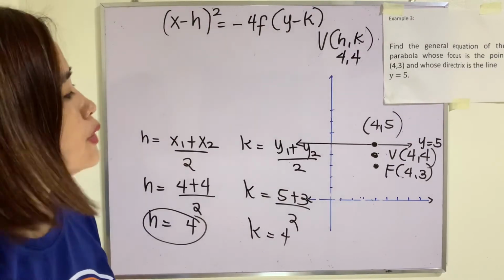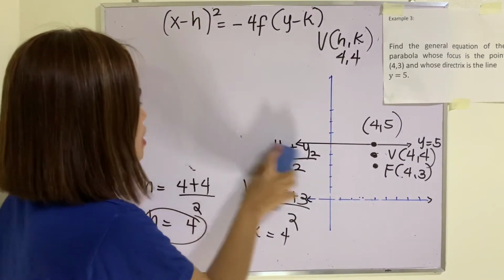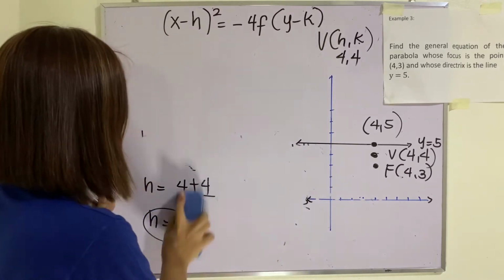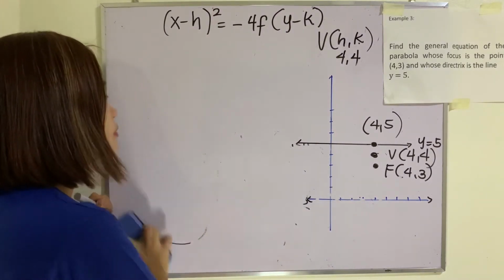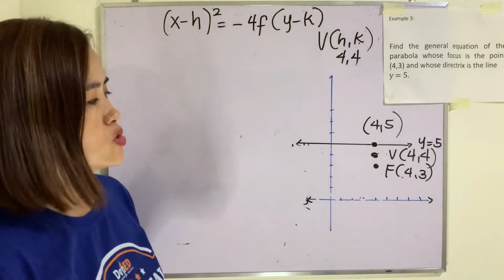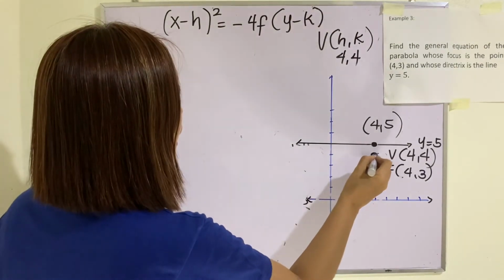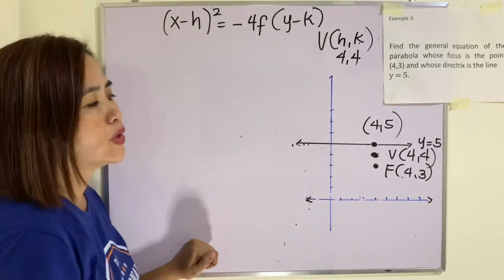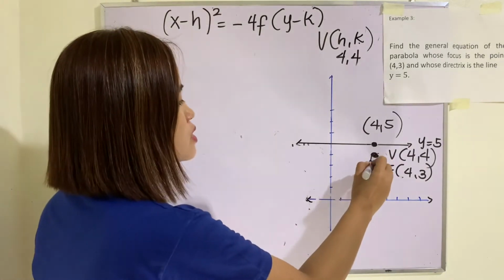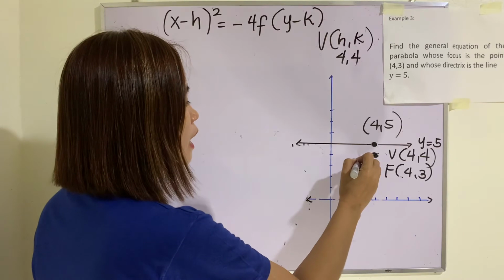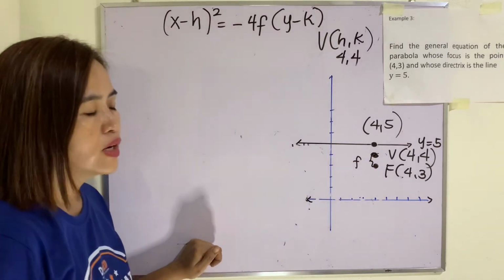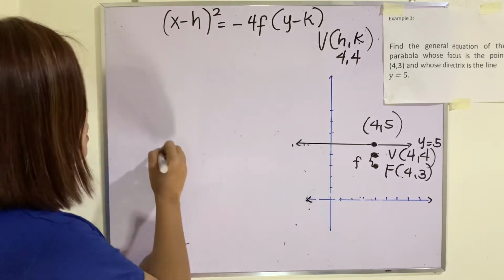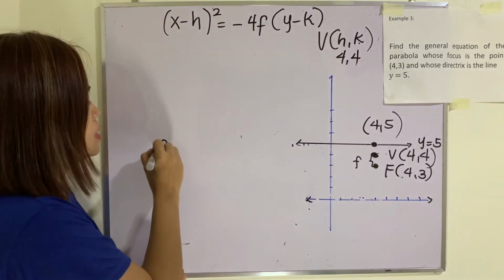Now, how do we get the f? We said that the f is, of course, the focal distance, and that is the distance from the vertex to the focus. Through our figure, we can say that this one has length 1. That is the small f. But let us verify whether it is really 1 by using, of course, the distance formula.